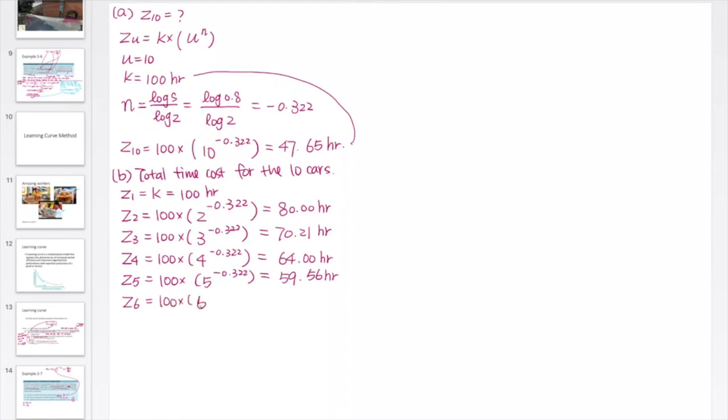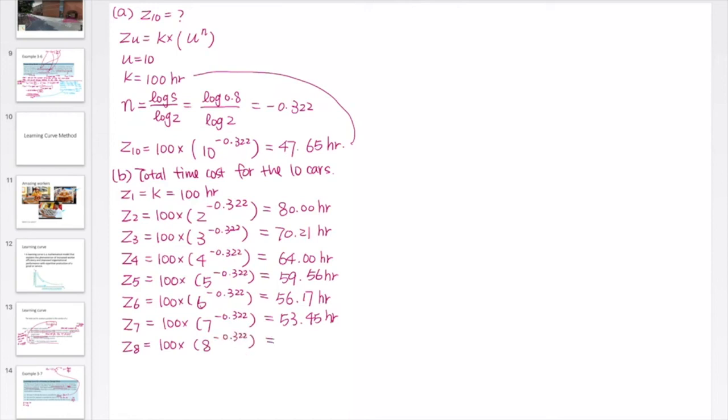And Z6 is 100 times 6 to the power of n, and the result is 56.17 hours. Z7 is 100 times 7 to the power of n, which is 53.45 hours. Z8 is 100 times 8 to the power of n.